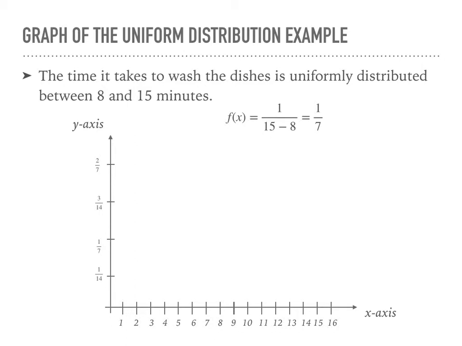If we were to look at a graph, we would have our y-axis and our x-axis, and we want to graph f of x equals 1 over 7. Now this is a horizontal line where y equals 1 over 7, and it specifically exists between 8 and 15.